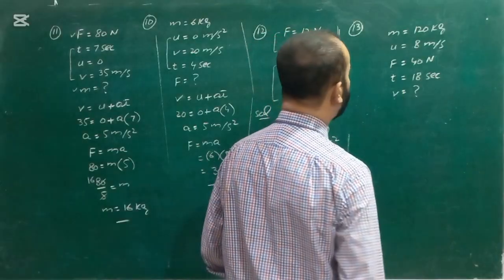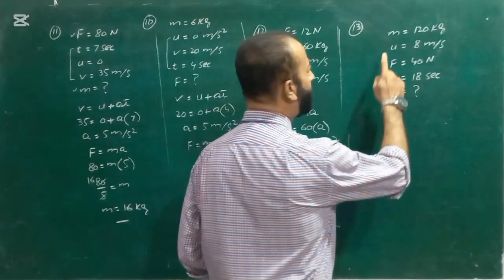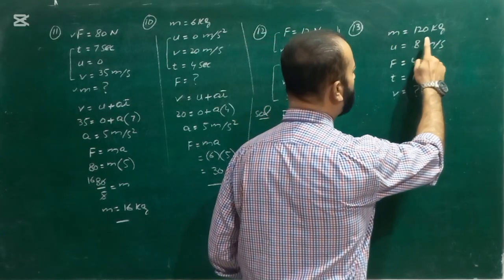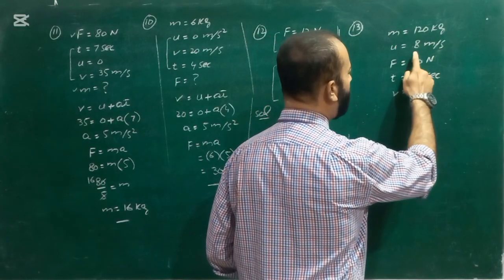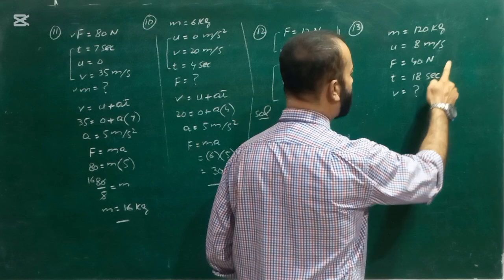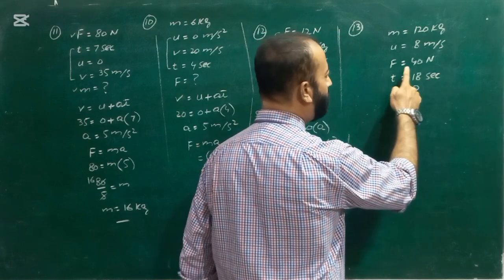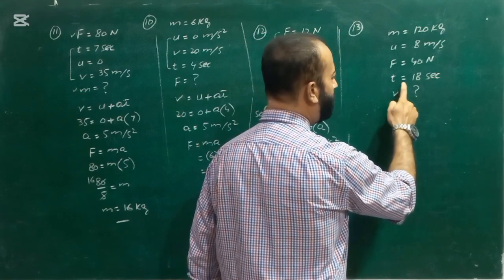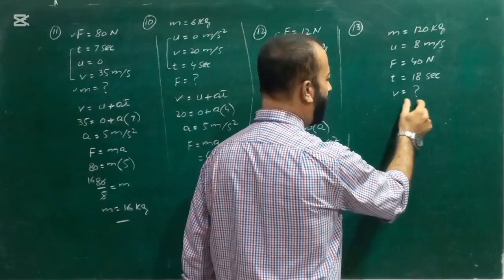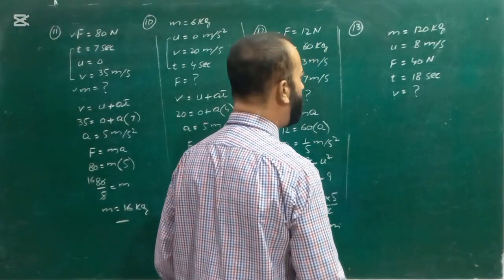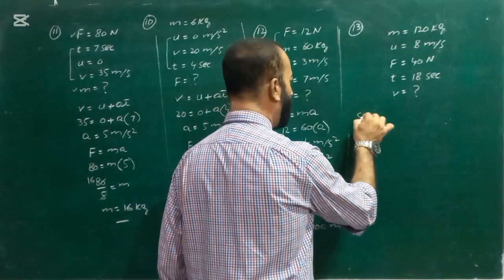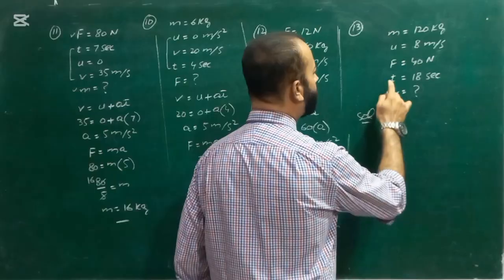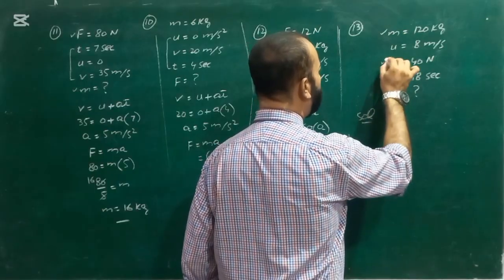So here is the data of question number 13, that is mass M is equal to 120 kg, initial velocity is U, that is 8 meter per second, force is 40 Newton and time T is 18 second and final velocity is the requirement. So look now, first we will find acceleration by using these two values.